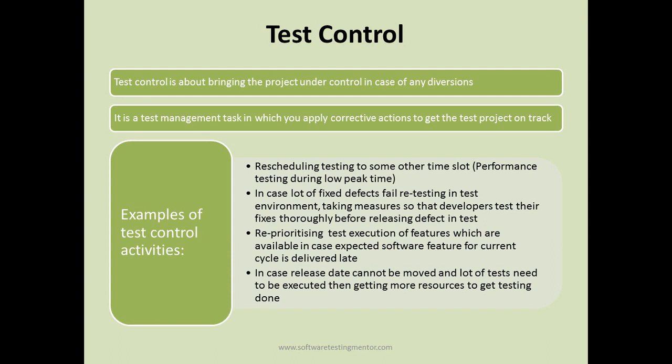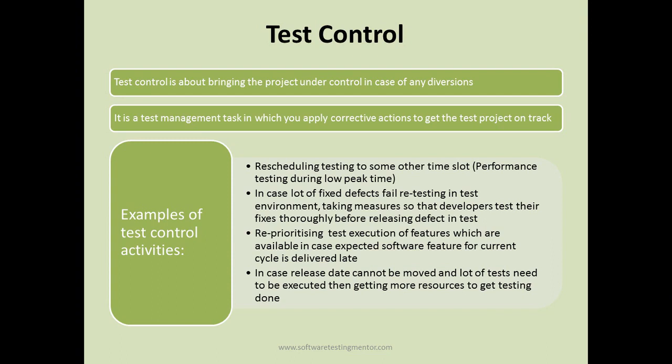But suddenly it became popular, and a lot of end users started using that website 24 hours a day, all 5 weekdays. In that case, you cannot have a downtime for the site during the weekdays because it will affect the revenue of the company. So in such scenarios, you need to reschedule the testing to some other time slot which is free or when the traffic is minimal.